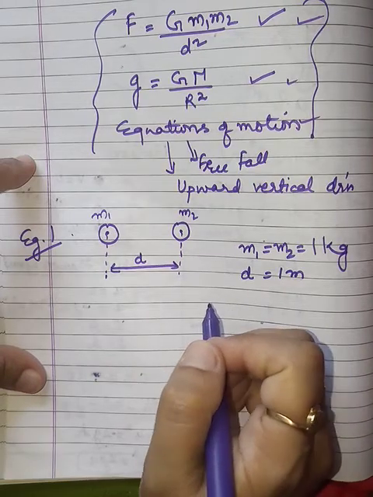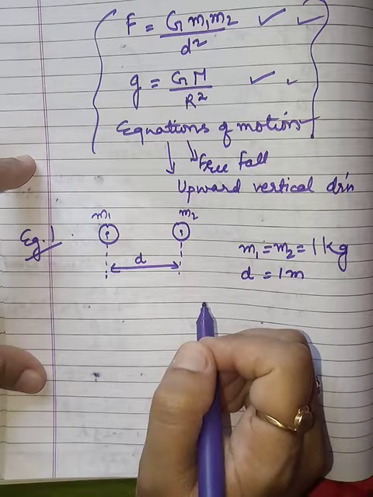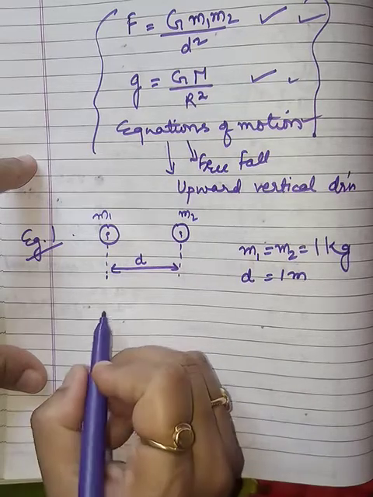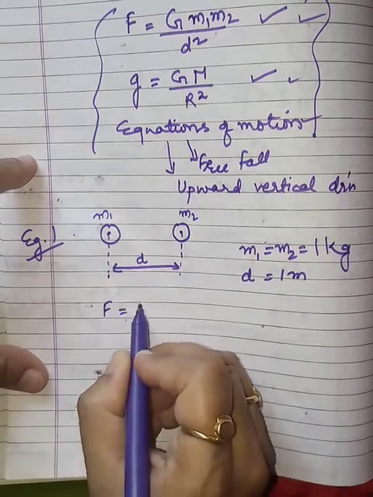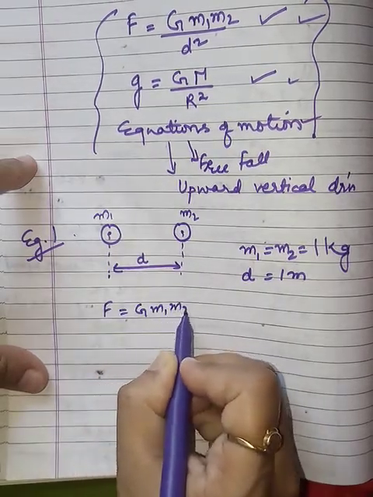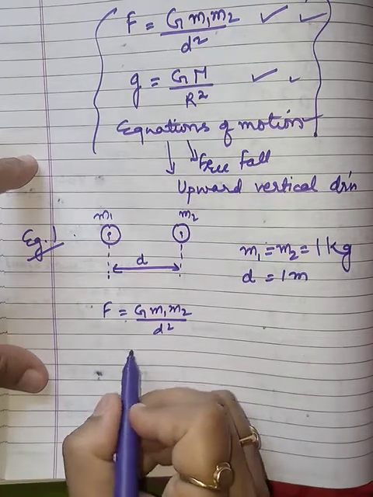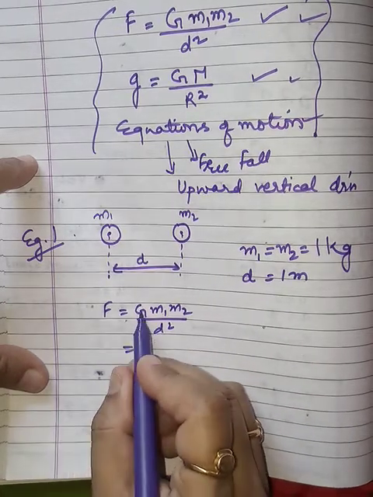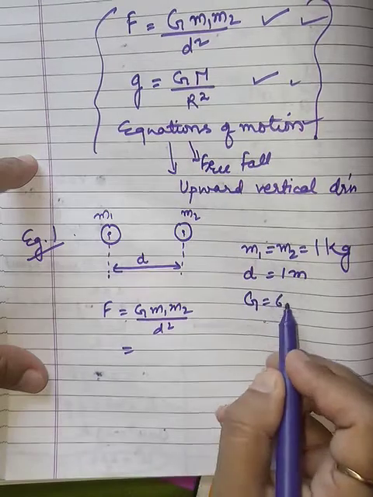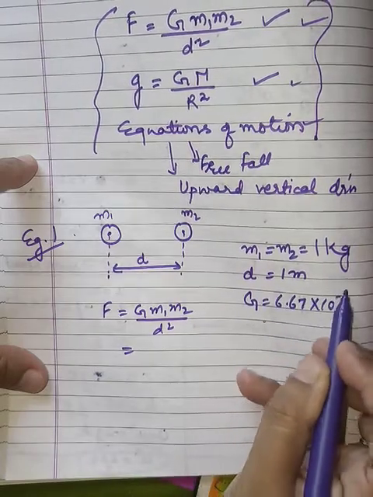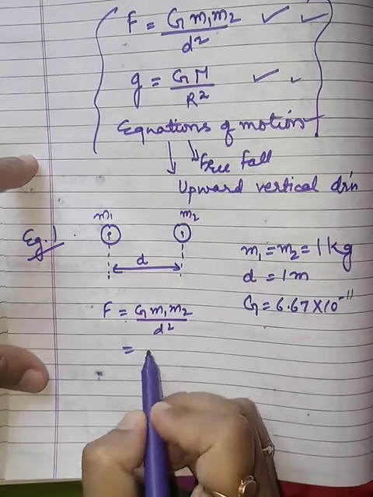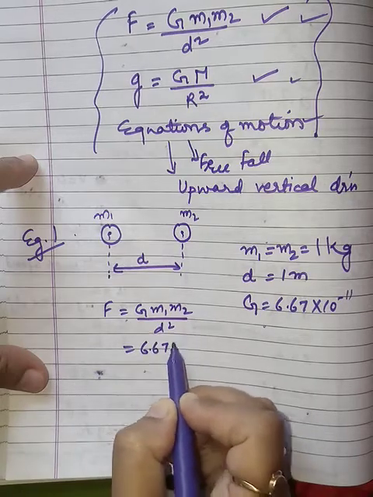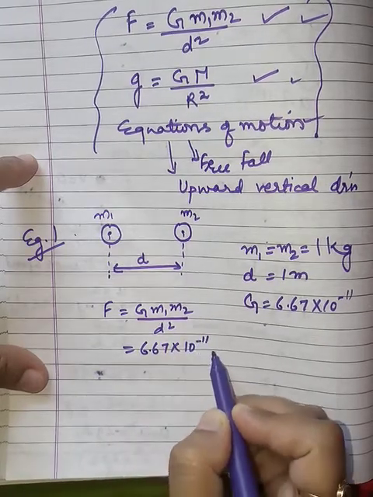Now another thing, we have to calculate capital F, which is G m1 m2 divided by d square. Okay, now capital G, we have the value given, 6.67 into 10 raised to power minus 11. Okay, so here in calculation we don't write the unit, we write only the values.